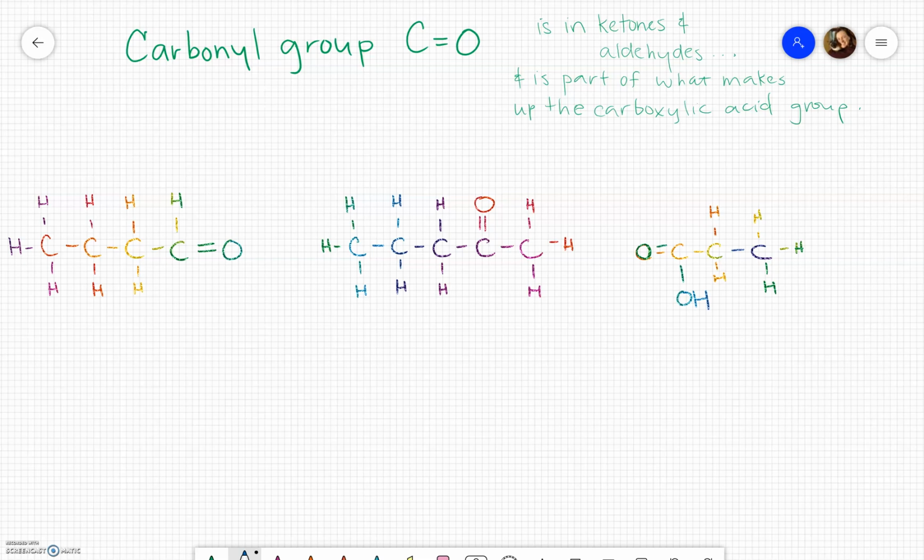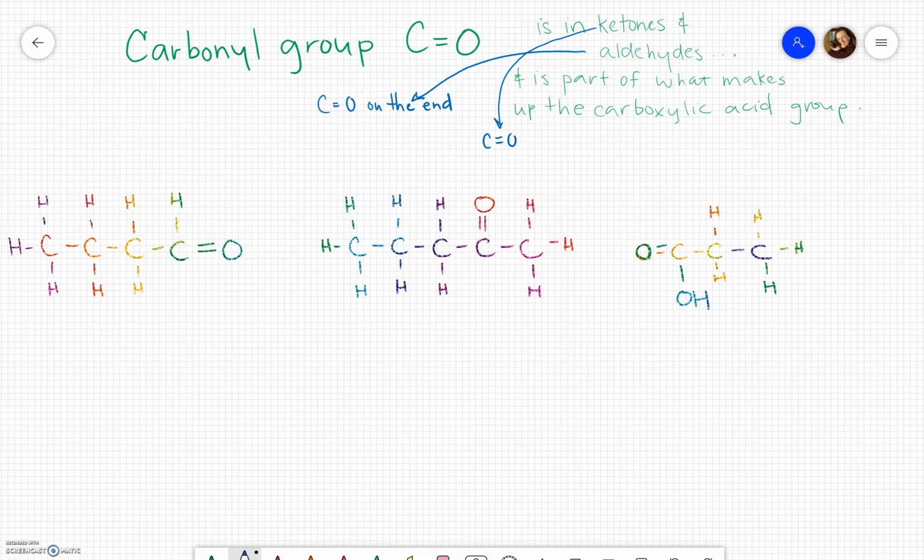So first thing that I need to remember, aldehydes must always have the C double bond O on the end of one of the end carbons. It must be on the end. For a ketone, on the other hand, it has to not be on the end.